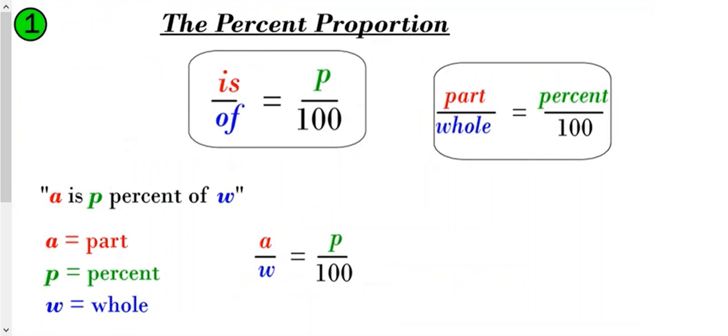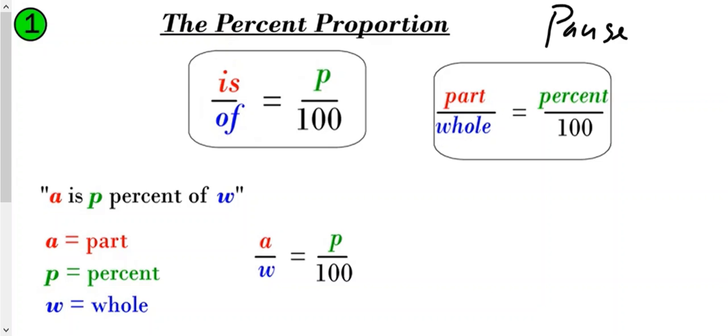This first example here, you can go ahead and pause and write this information down, and then I'll go through and explain what we have here. Okay, so the percent proportion, and you can see here that we have multiple different colors, and those colors can be helpful in organizing our information.